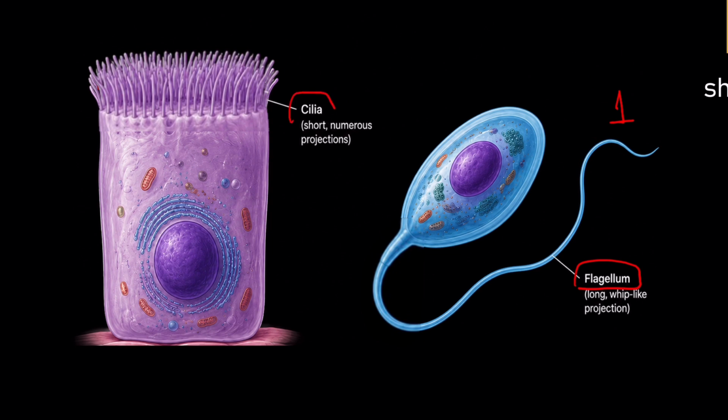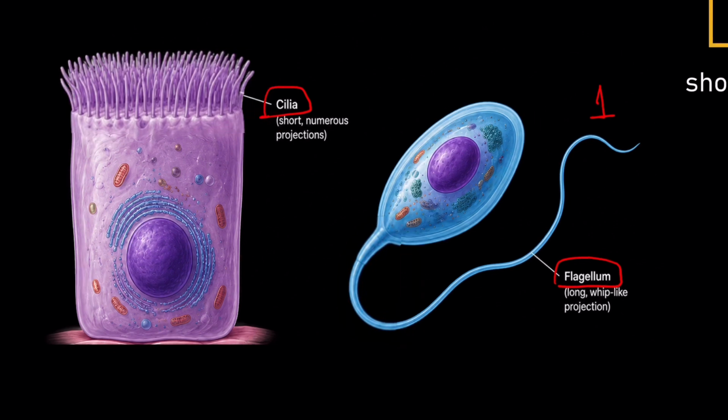Cilia, on the other hand, are shorter and more numerous on the cell surface. They can move the whole cell or move substances along the outside of it. A good example is the cilia that line the fallopian tubes or oviducts, which help guide the egg towards the uterus, or the cilia that line your respiratory tract, which help sweep mucus and trapped dust particles upwards towards your throat.